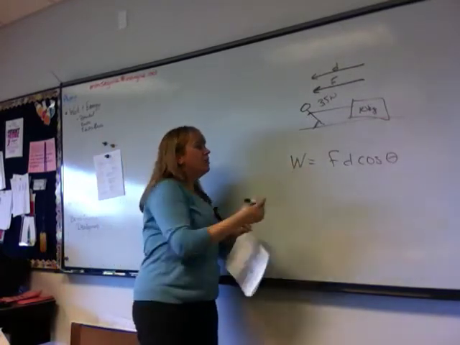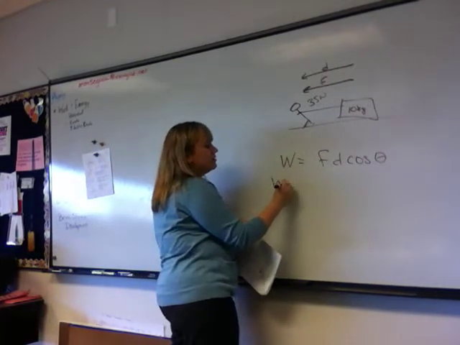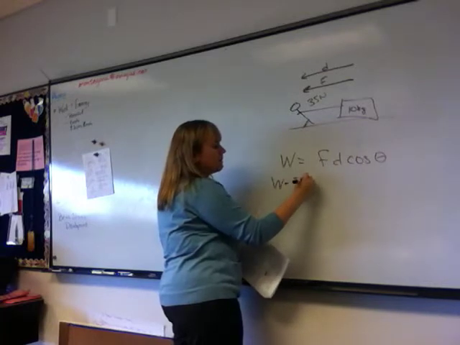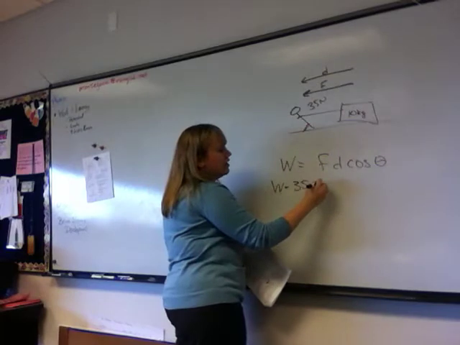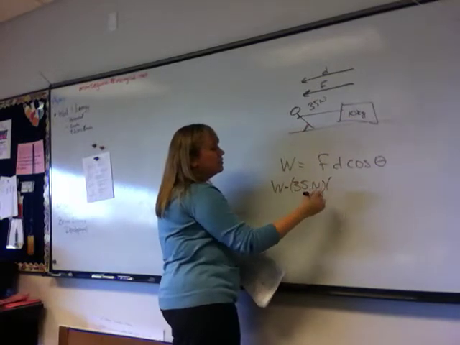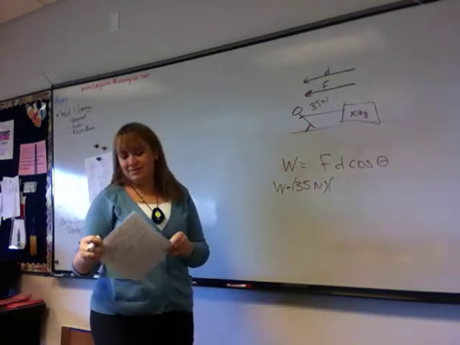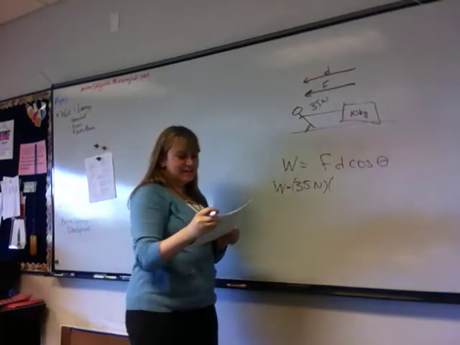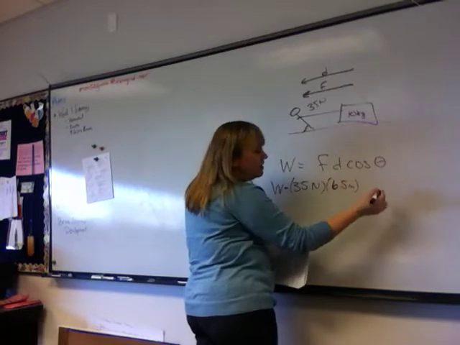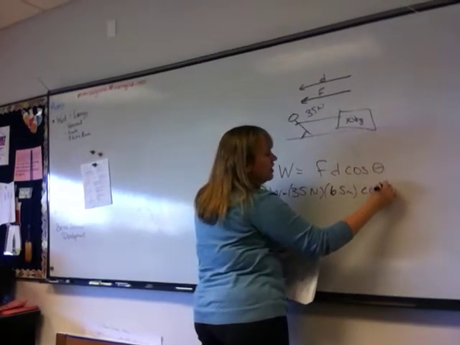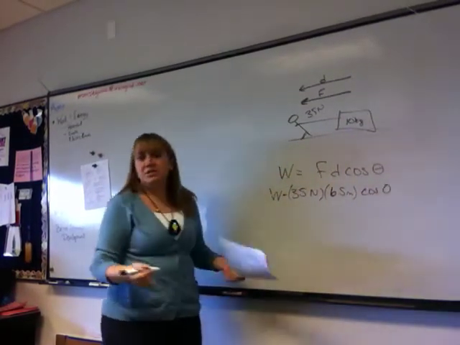So what's the force being applied to the box? 35 newtons. How far did the box go? It traveled 6.5 meters. And then technically we would take the cosine of 0, which is equal to 1.